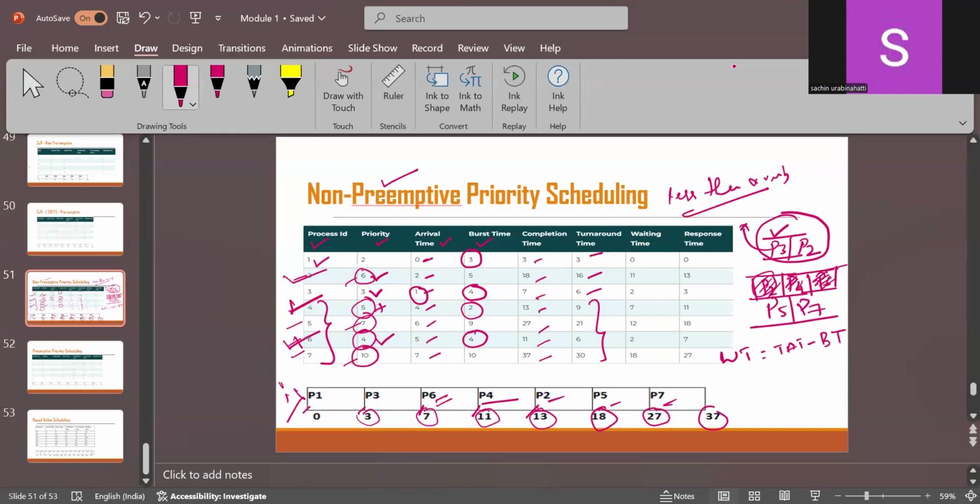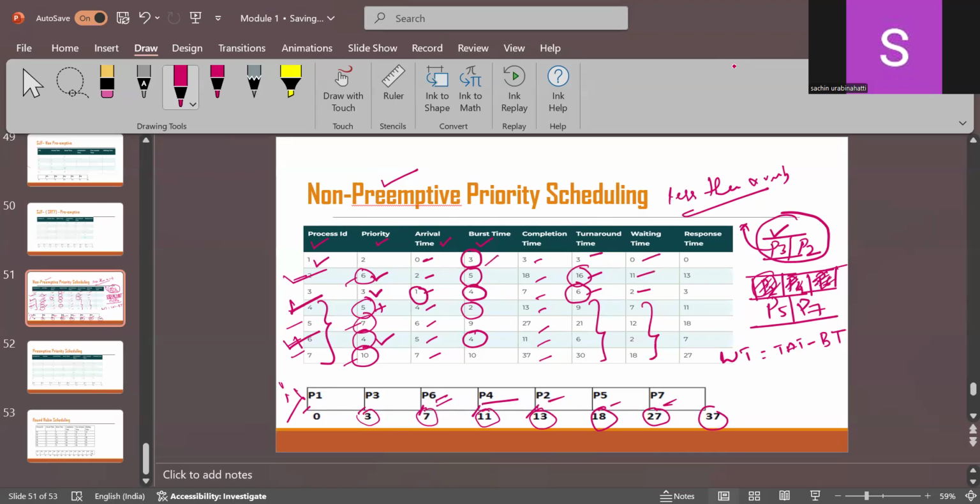What is the burst time of P1? 3. 3 minus 3 is 0. Correct. So P2, what is the turnaround time of P2? It is 16. What is the burst time of P2? It is 5. 16 minus 5 is 11. Correct. So the turnaround time of P3 is 6 and the burst time of P3 is 4. 6 minus 4 is 2. So this is how you will be calculating the rest of the waiting times.